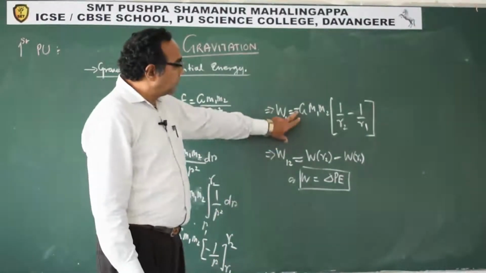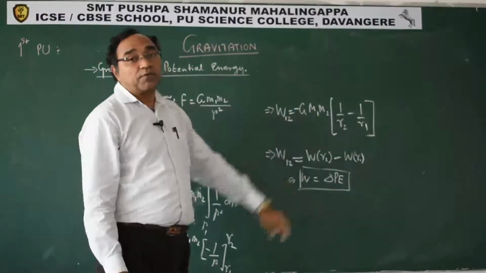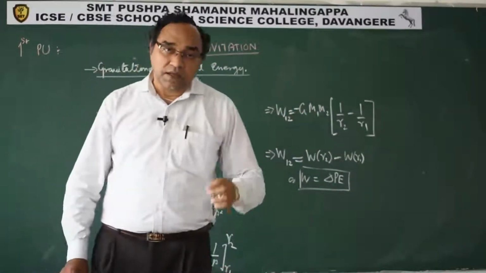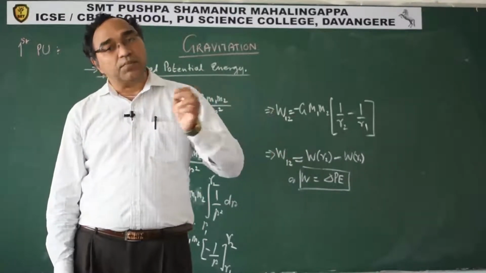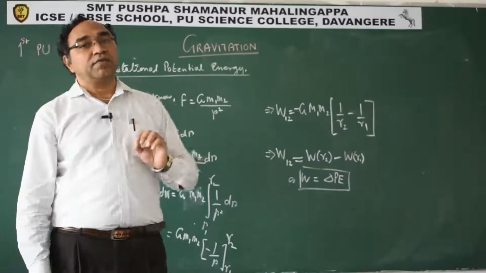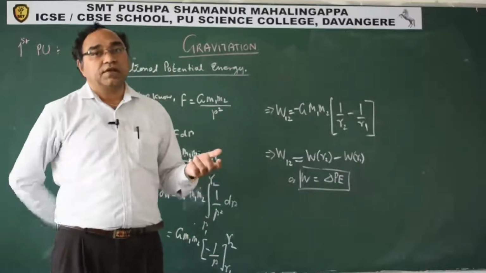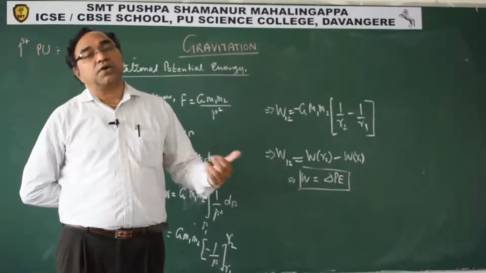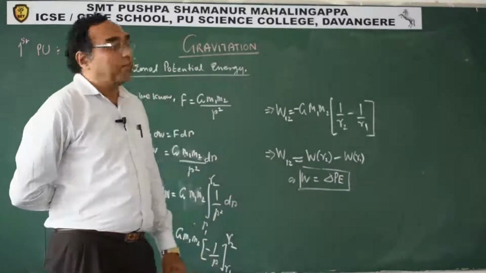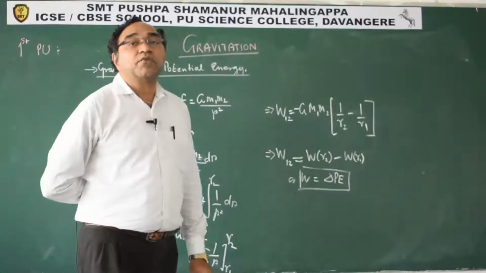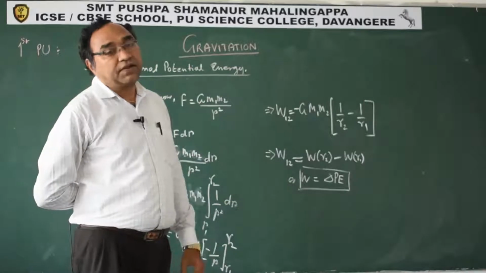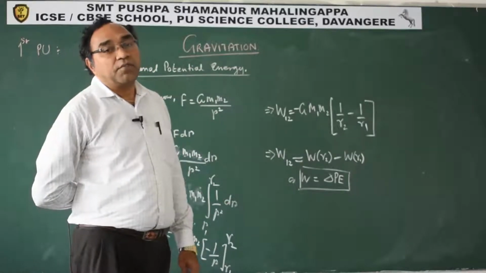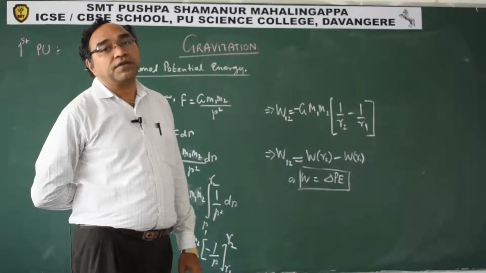See here, minus G m1 m2 by r2. Now suppose that we are bringing a body from infinity to a particular point, from infinity to a point r. Then the work done there will be minus of G m1 m2 by r. So your initial point is infinity.